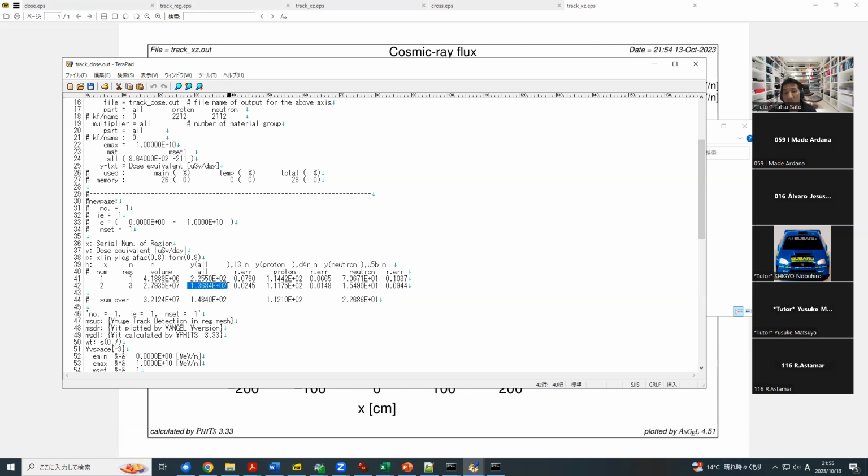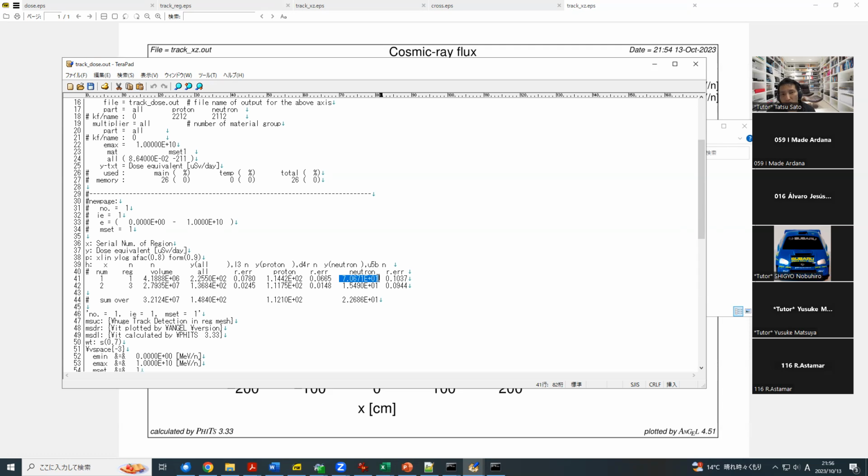So it's a little bit surprising, because many neutrons are generated by the aluminum shells. So just a small shielding makes the GCR dose higher. So it's very difficult to shield the galactic cosmic ray. So you have to be very careful to protect the astronauts from the galactic cosmic ray.